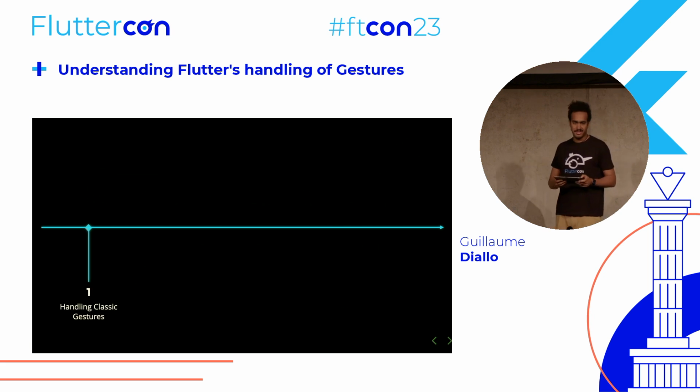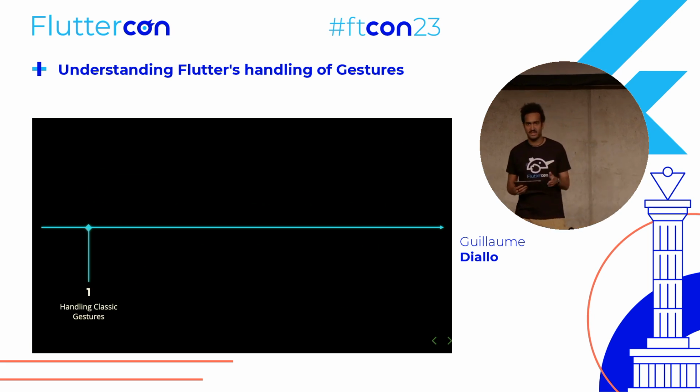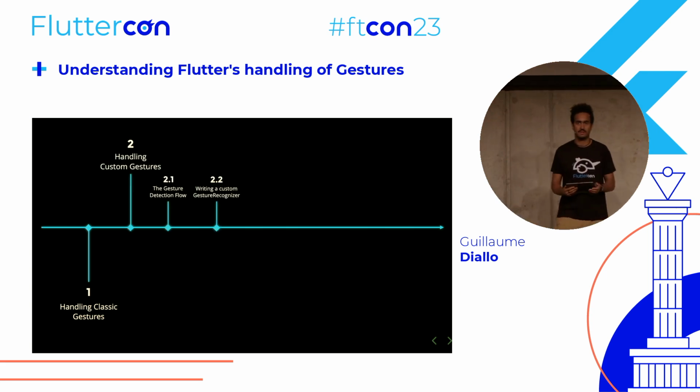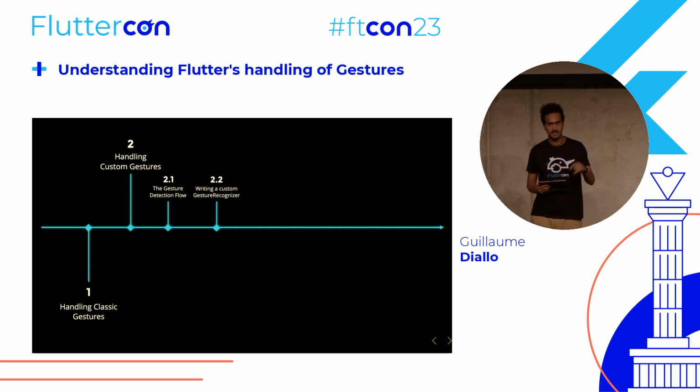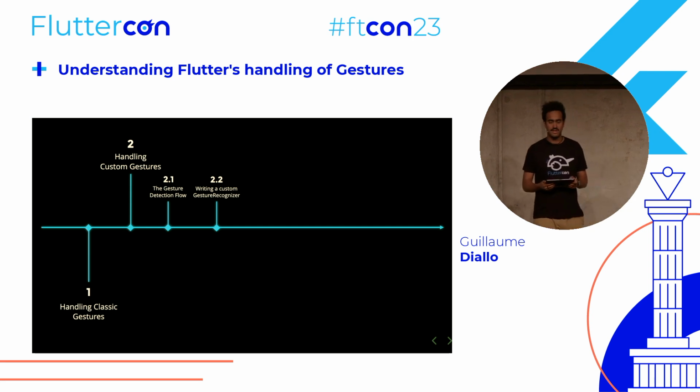For this journey around gesture detection, we're going to talk about handling classic gestures first. Then we're going to see a little bit about how we can handle custom gestures. And for that, we're going to need to go a little deep inside Flutter's code and see how Flutter handles the gesture detection flow. Then we're going to write our own custom gesture recognizer.